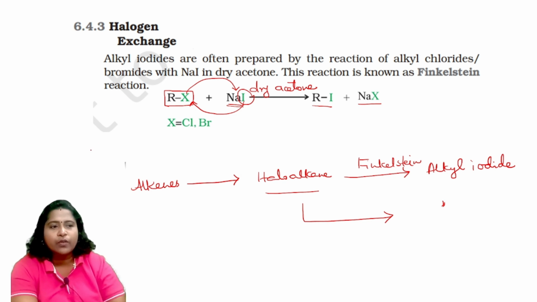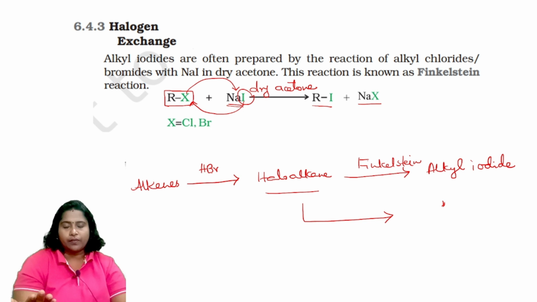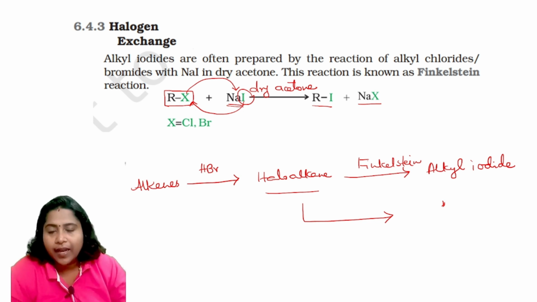So here what can we use? We can use hydrogen halide, that is HBr. Markovnikov's rule or anti-Markovnikov's rule, the peroxide effect, whatever it may be, depends on where we need to substitute the iodide. Accordingly, we apply the hydrogen halide.